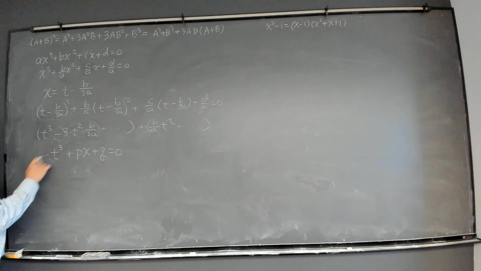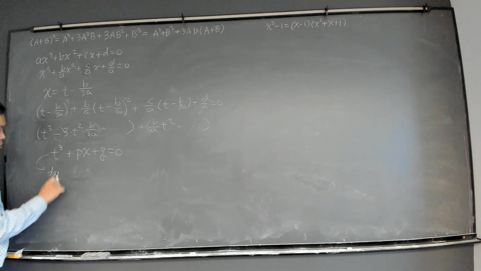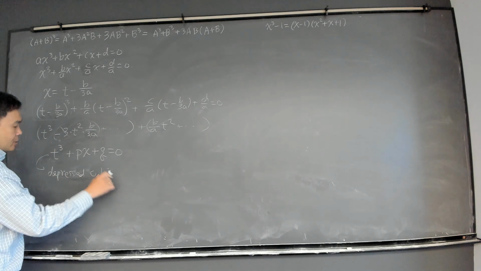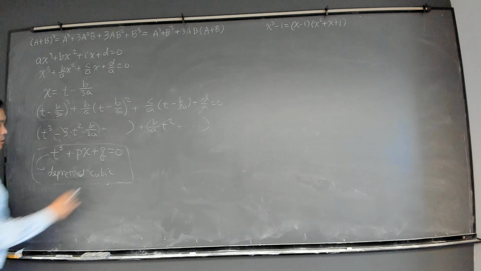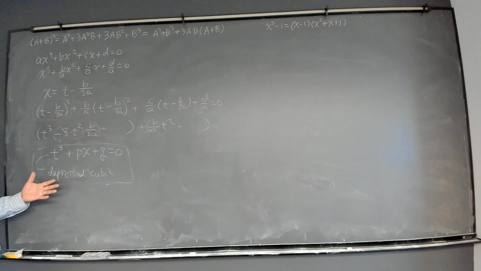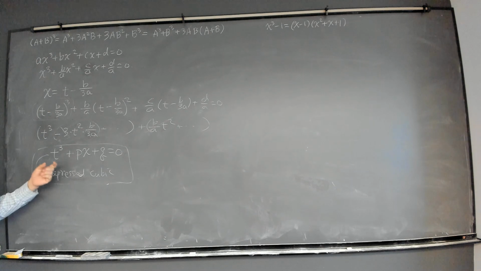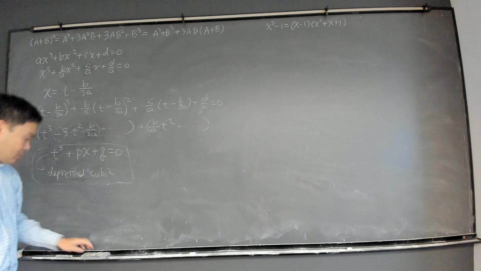Alright, so this form is now called the depressed cubic. And if we know how to solve this, then it means we know how to solve this. So from now on, we'll only concentrate on solving this one.